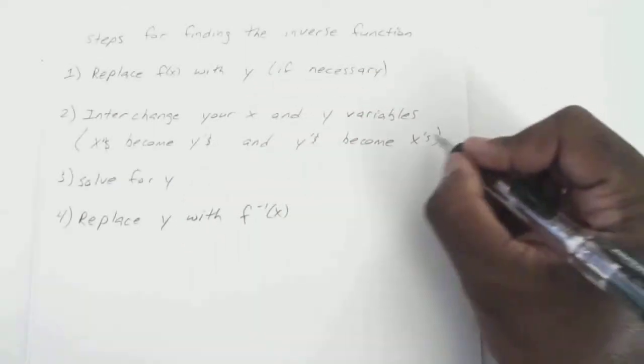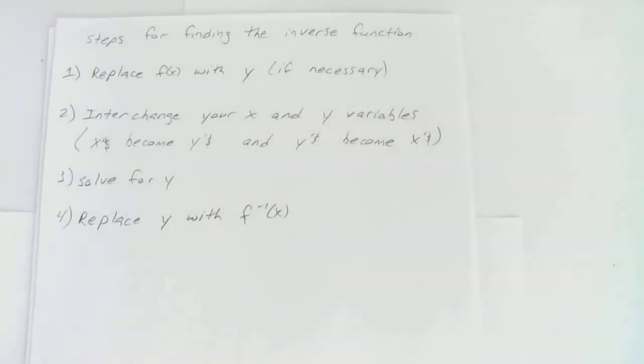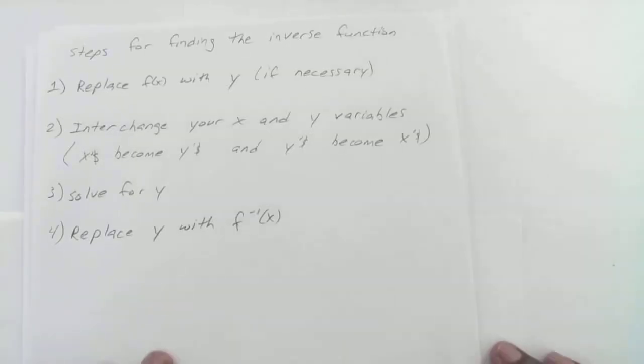Actually, let me draw a little line through it to differentiate between my 5 and s. So it's 5? No, s. That's why I drew the line through it, so it wouldn't look like a 5. I thought you said 5. Oh, actually.